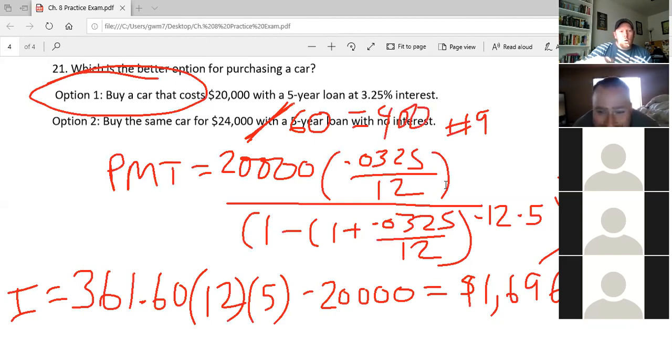So you pay more per month, and it ends up being about $2,400 more overall. Sometimes car dealerships will give deals like this, and if you aren't calculating this out, you might just end up paying more because the deal seems good. So always think through the math.